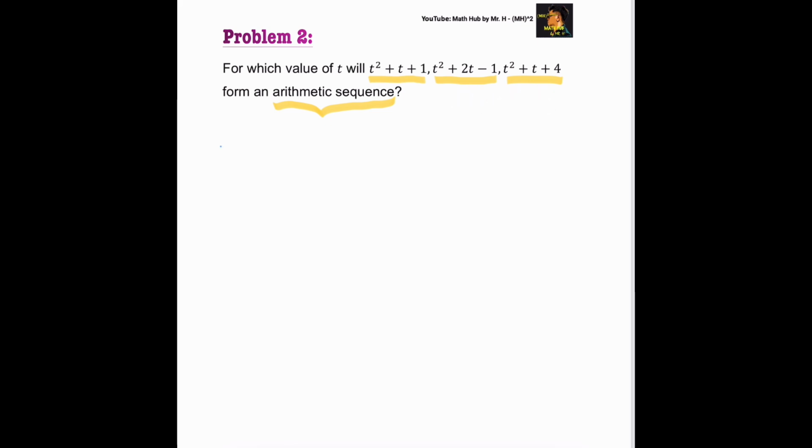All right, so for d sub 1, or the first common difference, we will be using the first pair. So t squared plus 2t minus 1 minus, we take the first term, or the term before that. So we have t squared plus t plus 1. And we simplify that.